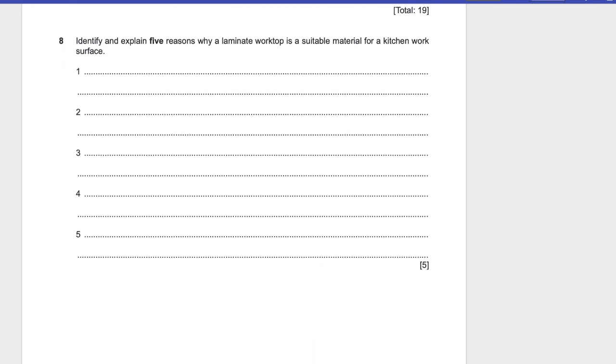8. Identify and explain 5 reasons why a laminate worktop is a suitable material for a kitchen work surface. So, a laminate worktop comes in a variety of colours that are available to suit everybody's tastes and budget.